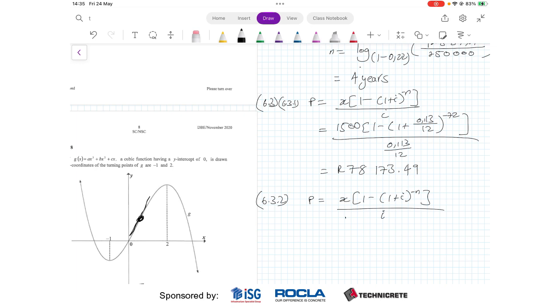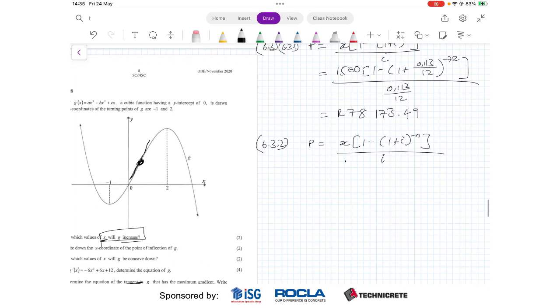Getting right into it, we will substitute in our 1,500 rand. 1 plus the interest rate, 0.113, divided by 12 to the power of minus 12.